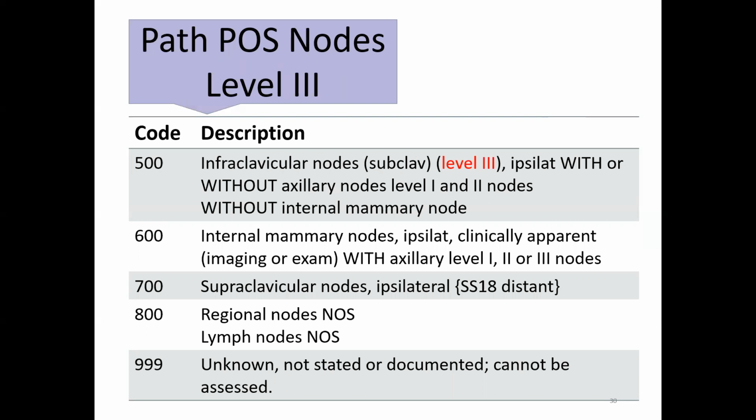Again, read each code carefully. These are all some stage regional, except for code 700, which is distant. So there are a lot of words and a lot of terms in these regional lymph node codes. So just use them with caution.